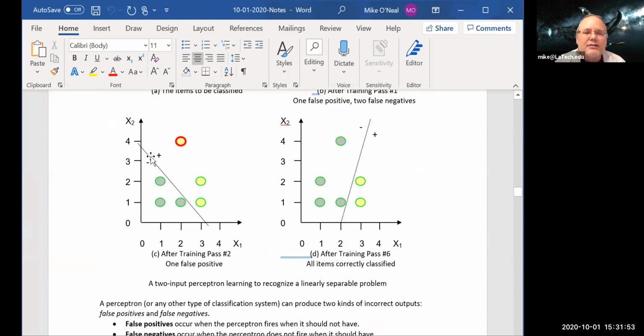And because it's got a slope to it, you'll find that it's now using both the X1 and the X2 inputs. So even though we were ignoring one of the inputs, the X1 input, to begin with, we're no longer ignoring the X1 input. It's learned, hey, that X1 input's kind of important.